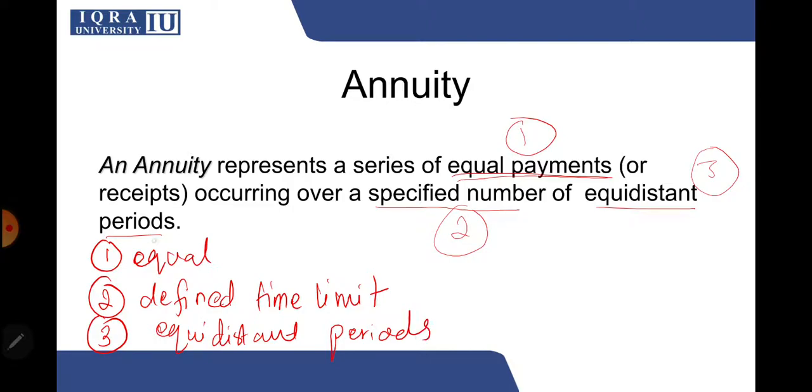So if these 3 characteristics are there, then that cash flow is called an annuity. So all 3 characteristics need to be there. Even if one of them is missing, then that cash flow is no longer going to be an annuity. It is important for you to identify an annuity, because in annuity you can apply different formulas that are shorter to use.